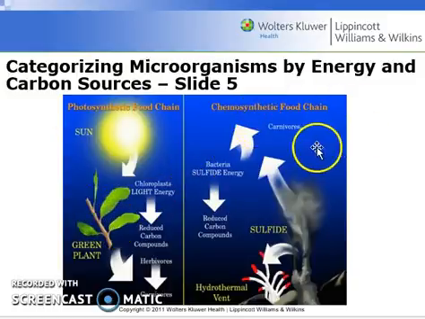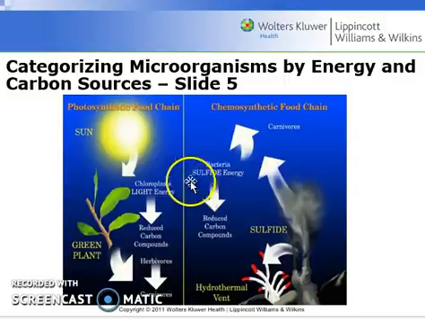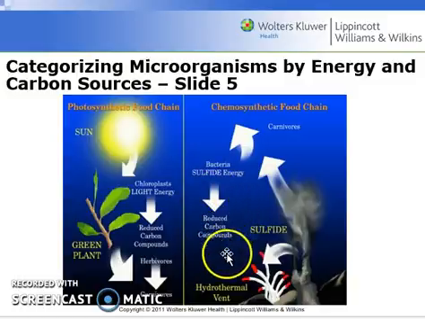For the chemosynthetic food chain, you have bacteria that use sulfide to produce energy. When this happens, you have the reduction of some carbon compounds.